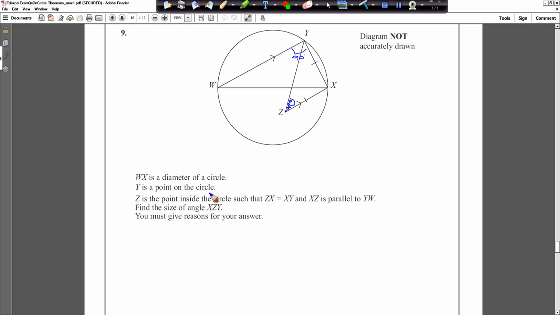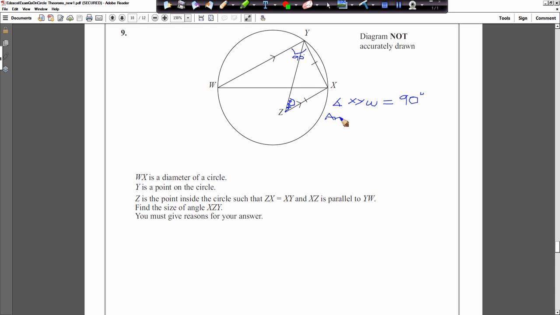Okay. So the first thing we can say here is, we can make it a statement: angle. Okay, what angle are we talking about? We're talking about angle WYX or XYW, whichever you want. XYW, which is this one here, is equal to 90 degrees because we say the angle in a semicircle is a right angle. And that is the rule.